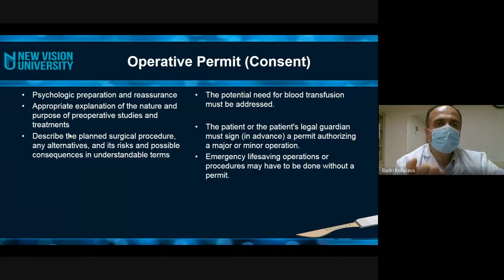If the patient sees that you are a suspicious person, or in the patient's opinion you are incompetent, or the patient doesn't like the facilities, then the patient can refuse and not sign the consent.